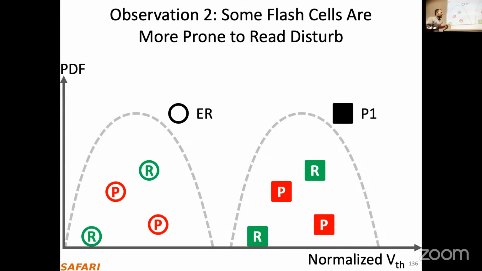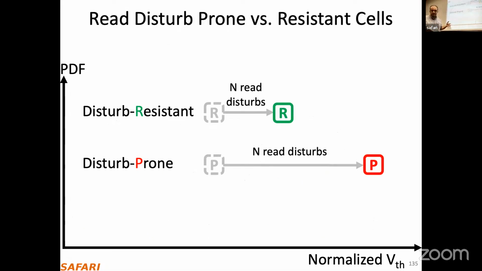And if you understand them, you should be able to fix some errors. So here we have, for example, 4 cells in the ER state and 4 cells in P1. And you can see that, for example, these 2 green cells are disturb resistant.